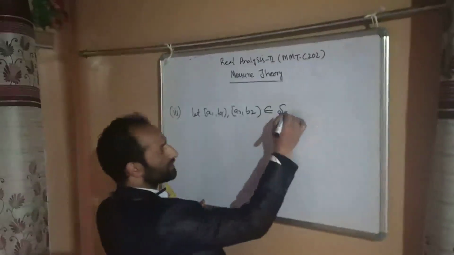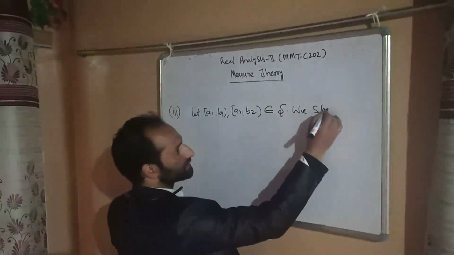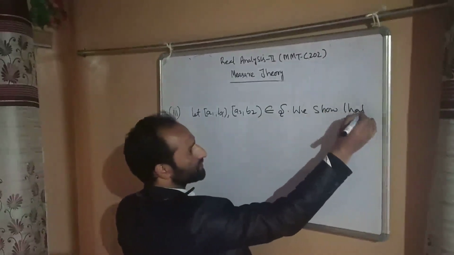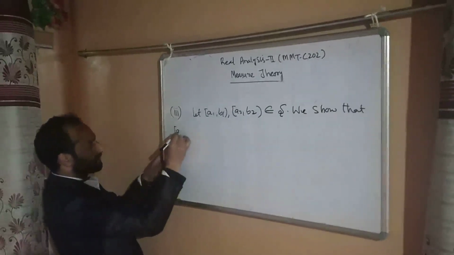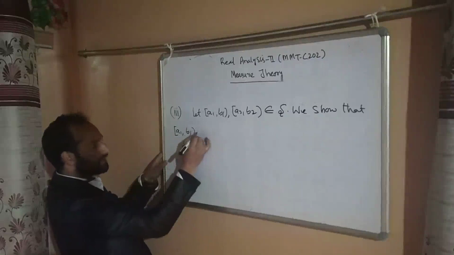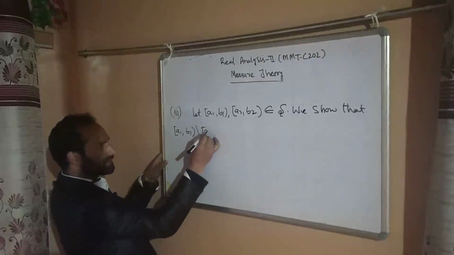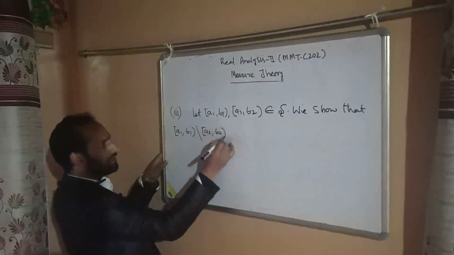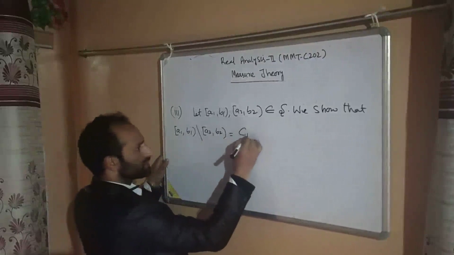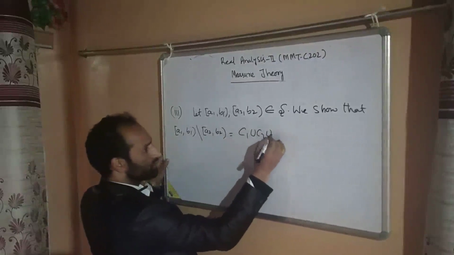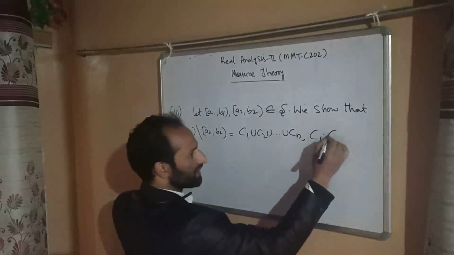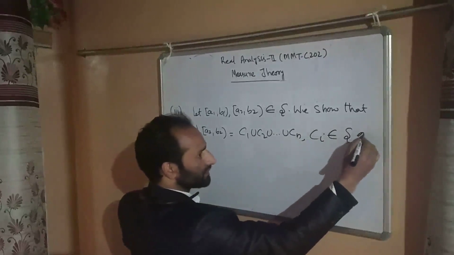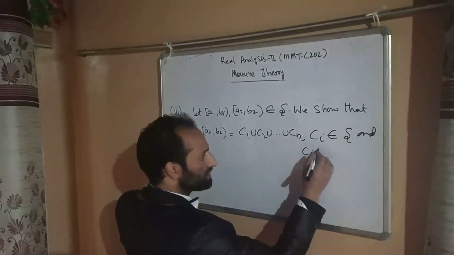We show that A1, B1 minus the set difference A2, B2 is equal to C1 union C2 union and so on up to Cn, where these Ci's are members of S and they are also pairwise disjoint.